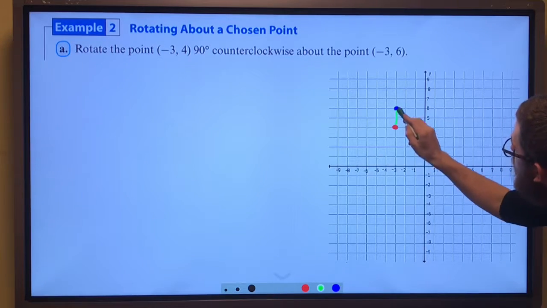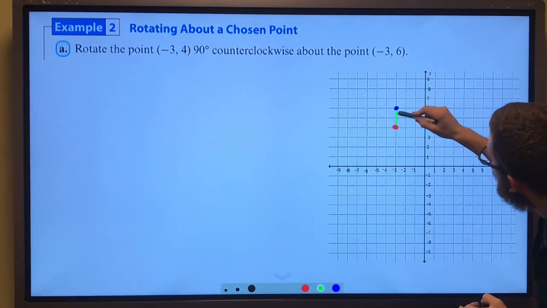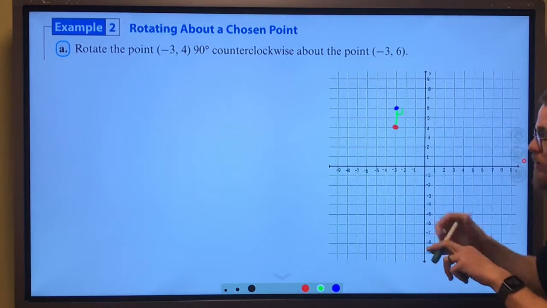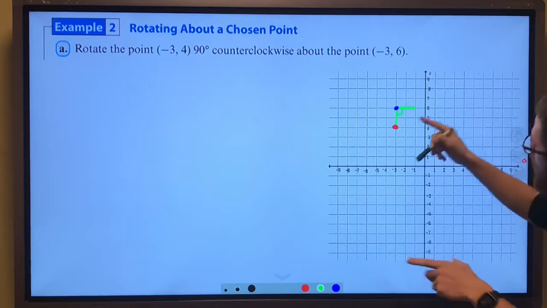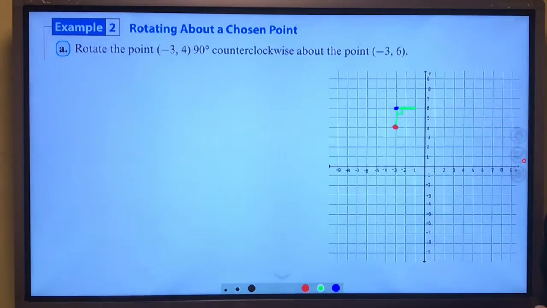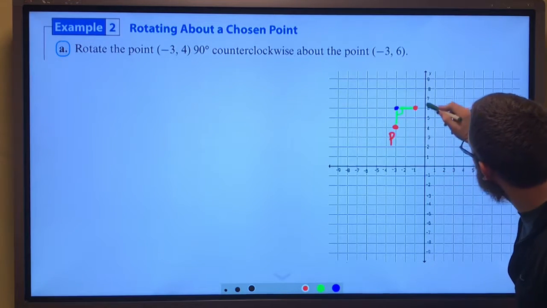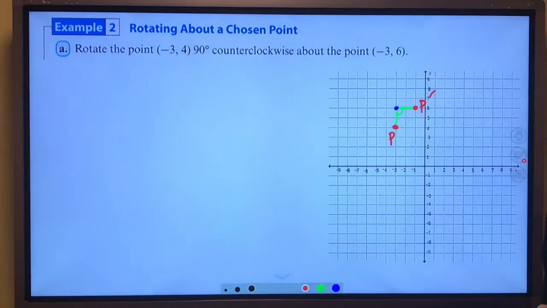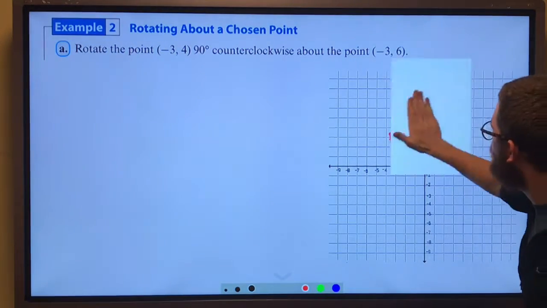Notice it is 2 units directly from that center of rotation, but then I want to go 90 degrees counterclockwise, against the clock. I'm going to go 2 units away, because I went 2 units from the center of rotation. My new point is now right there at (-1, 6). It has been rotated 90 degrees counterclockwise.